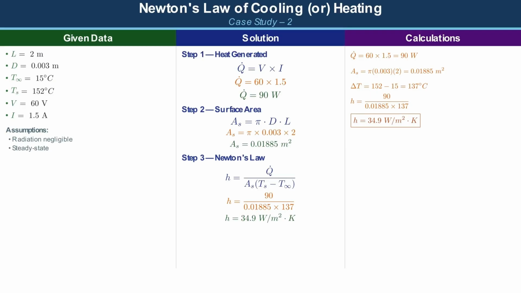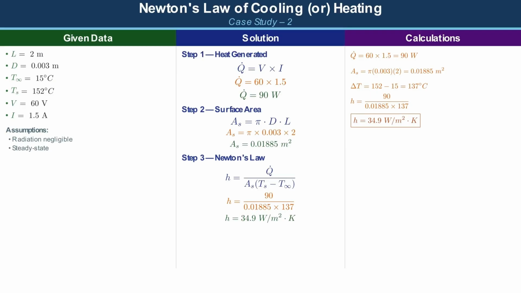So H equals 90 divided by 0.01885 multiplied by 137. Substituting all values into the formula, 90 in the numerator, and the product of 0.01885 and 137 in the denominator.